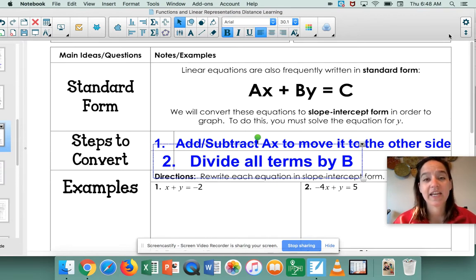We were able to say, hey, the b in the formula is our y-intercept, which is where you can put a point on the graph where the line will connect to the y-axis. The m was our slope, so we were able to go from that point and count our rise over our run.